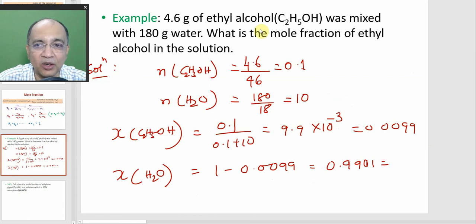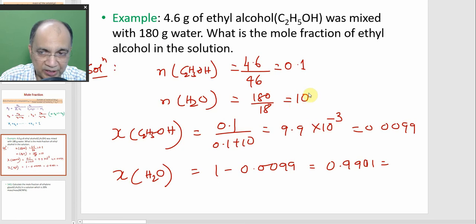4.6 gram of ethanol was mixed with 180 gram of water. So this is the mass of ethanol, that is alcohol, and this is the mass of water. What is the mole fraction of ethyl alcohol in this solution? So the number of moles of ethanol is the mass divided by its molecular mass, 46, is 0.1. And number of moles of water is the mass divided by its molecular mass. 180 gram is the mass of water taken, and 18 is the molecular mass, so 10 moles of water taken.